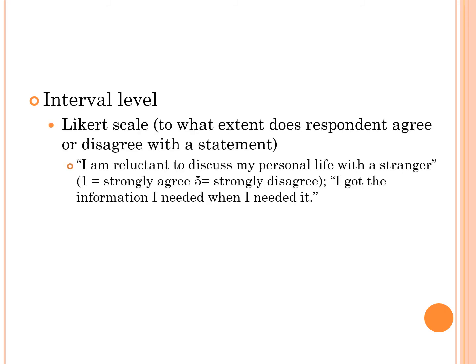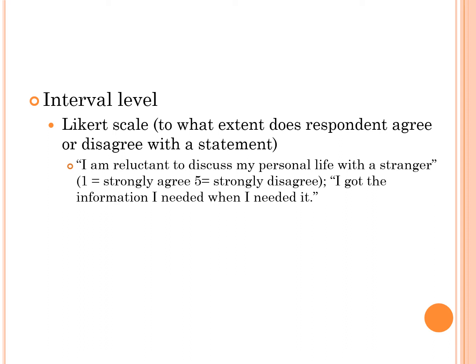Now at the interval level, these are the ones you're probably most familiar with. These would be like the Likert scales, and many of you have participated in research where you're given a survey or a questionnaire, and you're to respond, for example, on the degree to which you agree or disagree with a statement. So you might have an item that says, I'm reluctant to discuss my personal life with a stranger, and you're to respond on a scale of 1 to 5, whether you strongly agree, moderately agree, not sure, moderately disagree, strongly disagree.